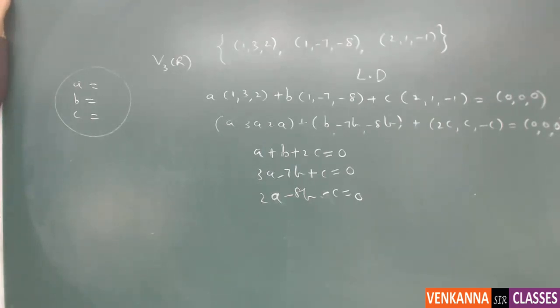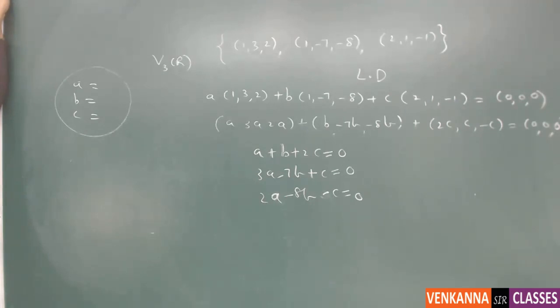Are you getting it or not? This is nothing but a system of equations. Accepted? And it is a homogeneous system. Right side values are 0. So how do we solve a homogeneous system?